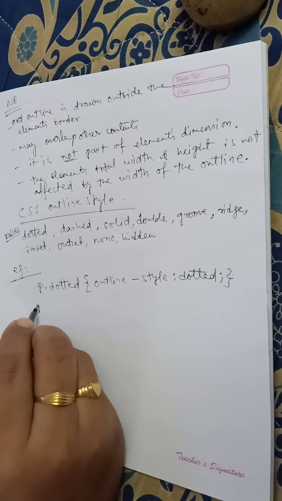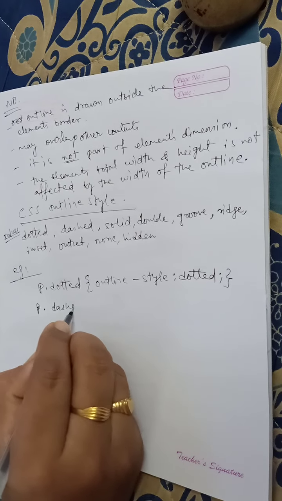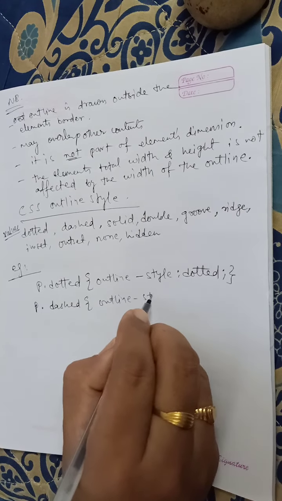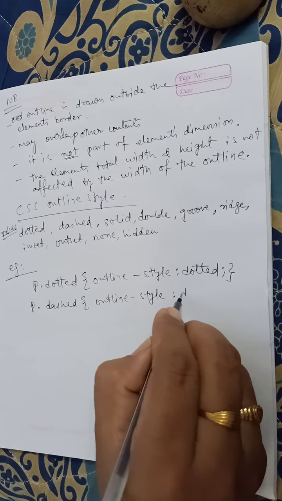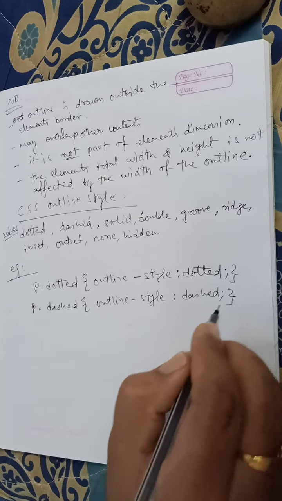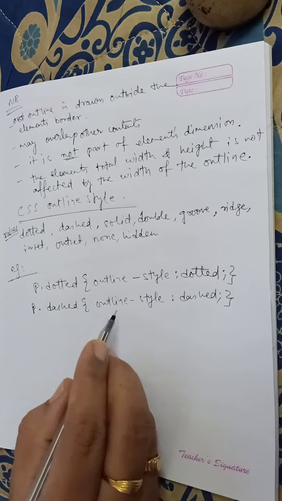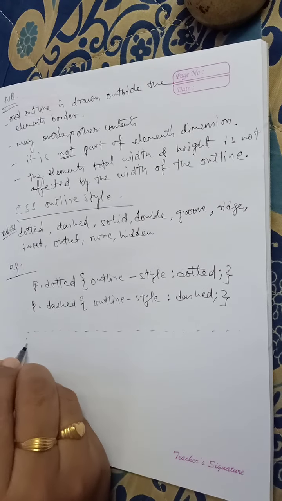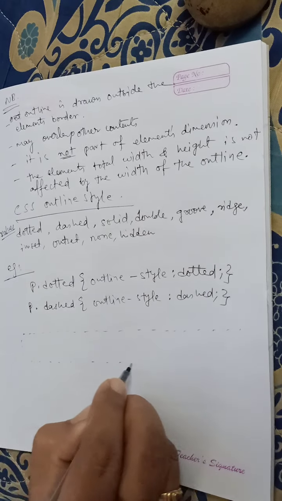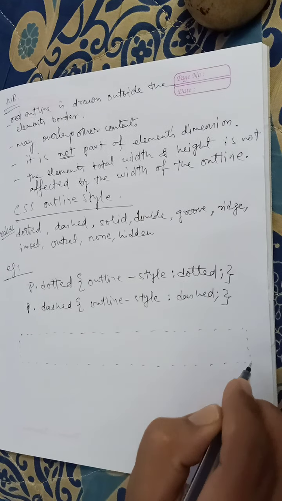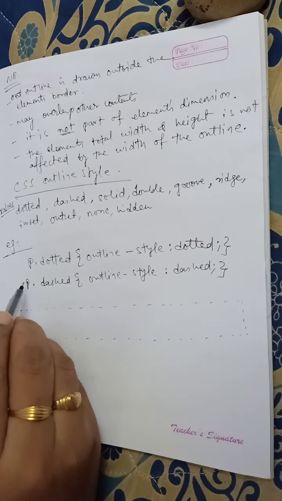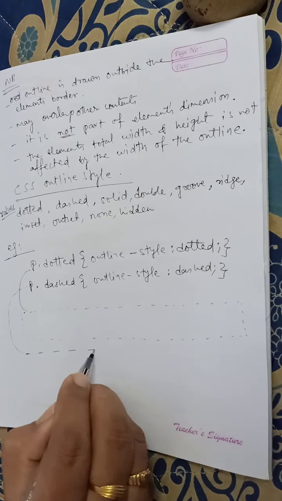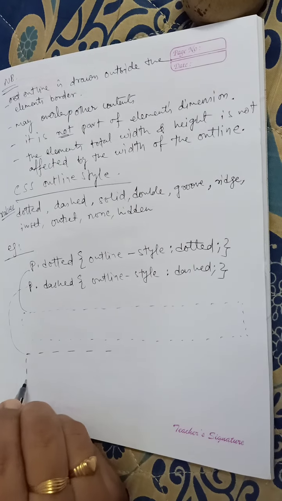Okay, so for the first, my output will be just a dotted outline. Okay, for the second case, my output will be a dashed line, because we have written here a dashed one.